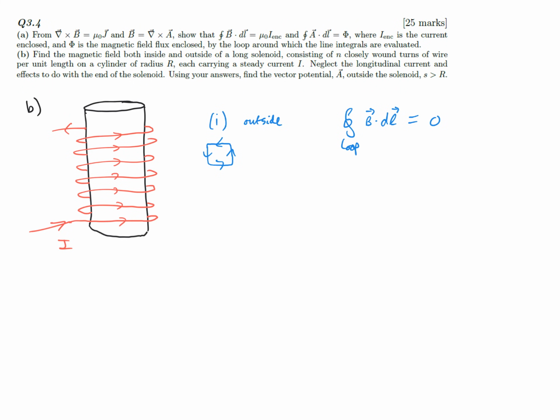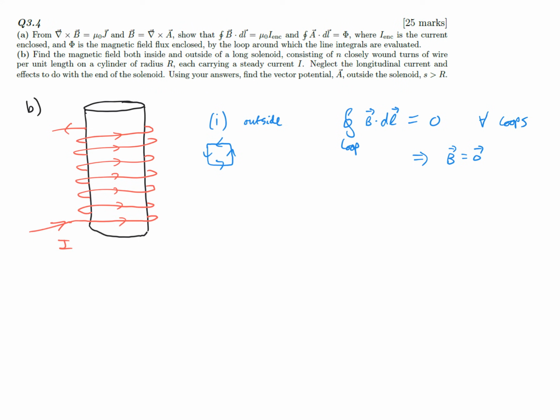What that tells us is that the magnetic field must be equal to 0 when outside the solenoid. The reason is that this result, that the line integral of B around the loop is equal to 0, is true for all loops when we're outside.